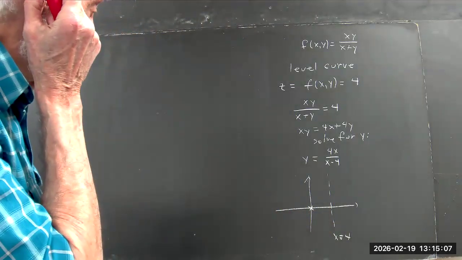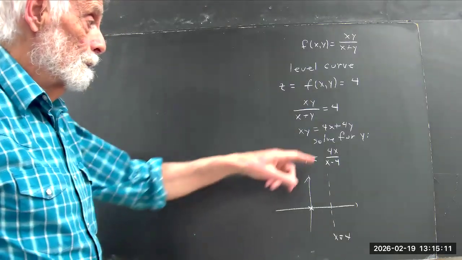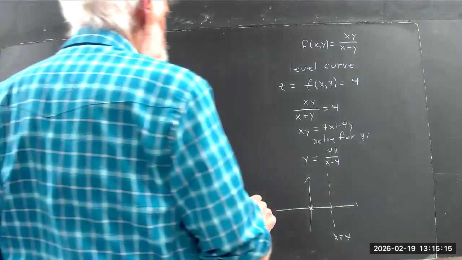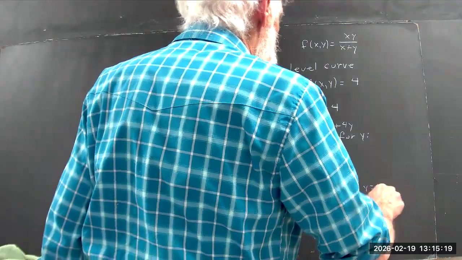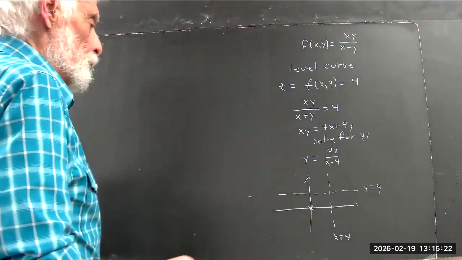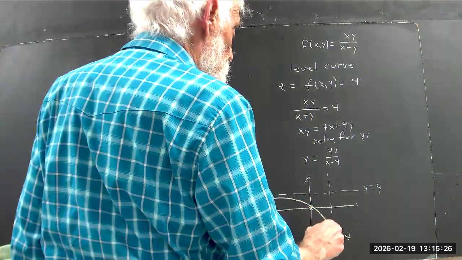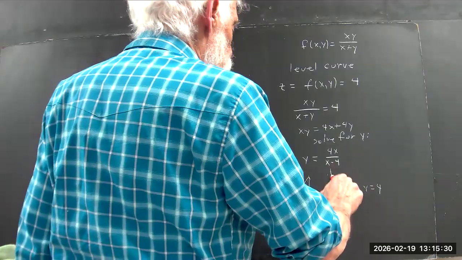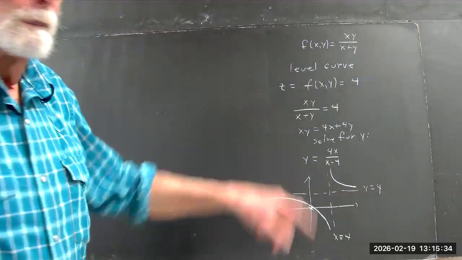I know its limit as x approaches negative infinity is 4. So I suspect that the graph is going to look something like this. And of course, as x goes to infinity, it's also 4. So there's your graph of this function.